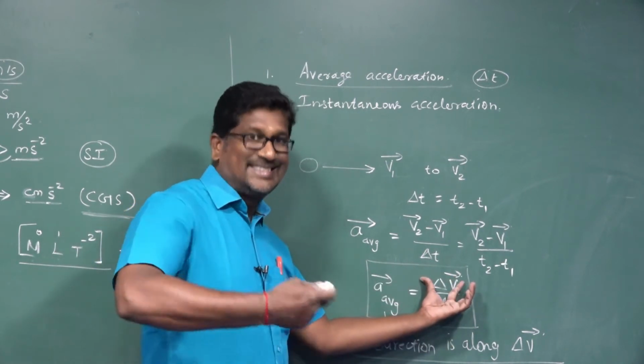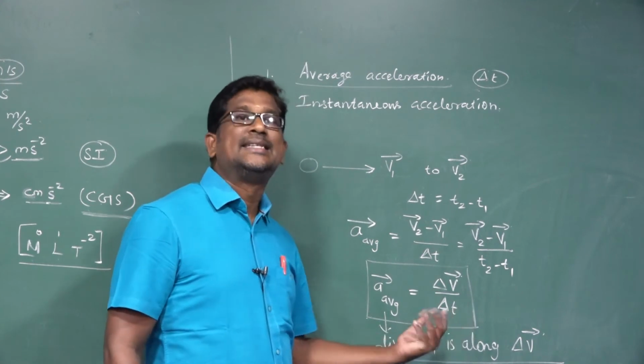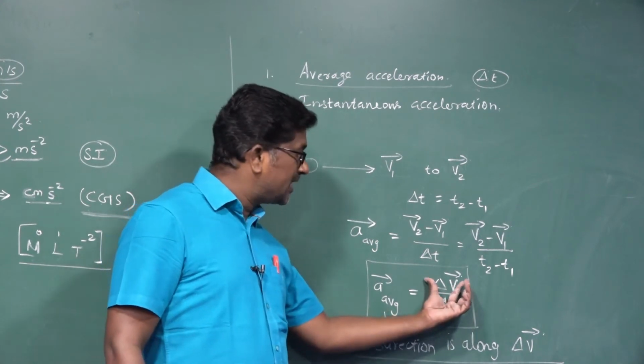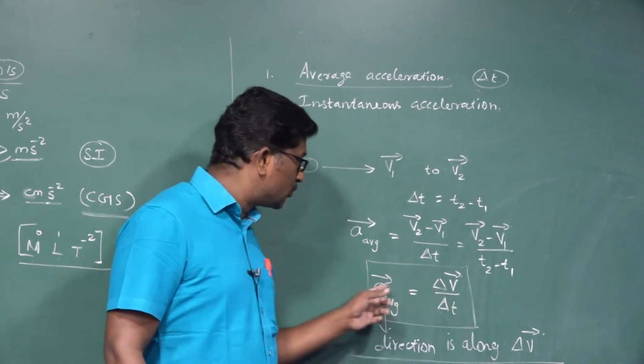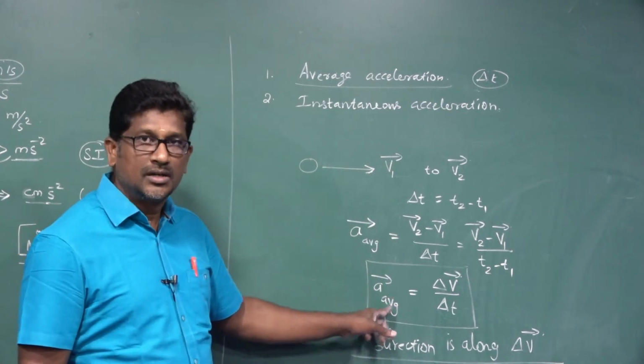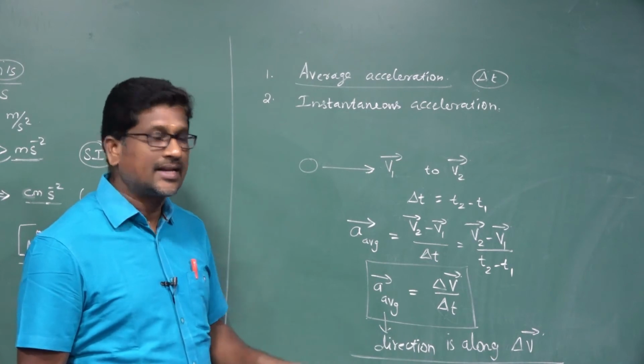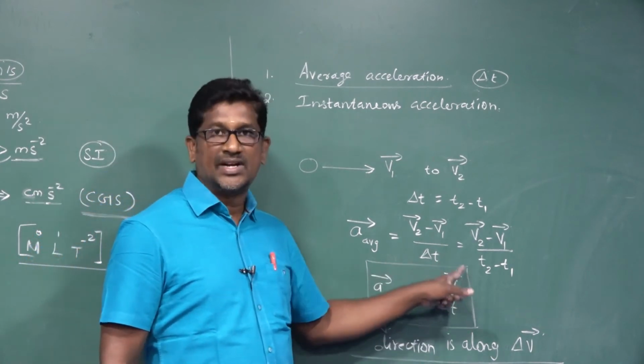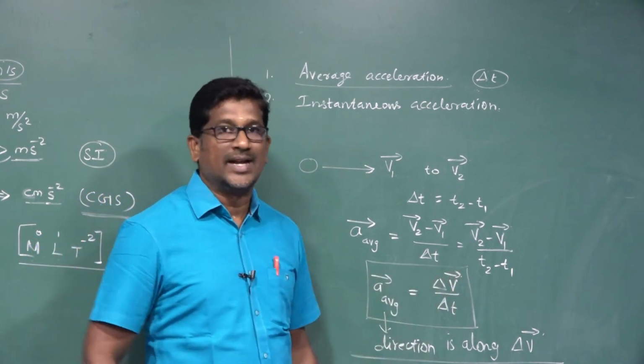Del v vector is the change in velocity and del t is the change in time. The ratio of del v vector divided by del t gives average acceleration. Average acceleration is a vector quantity, and its direction is in the direction of del v vector.